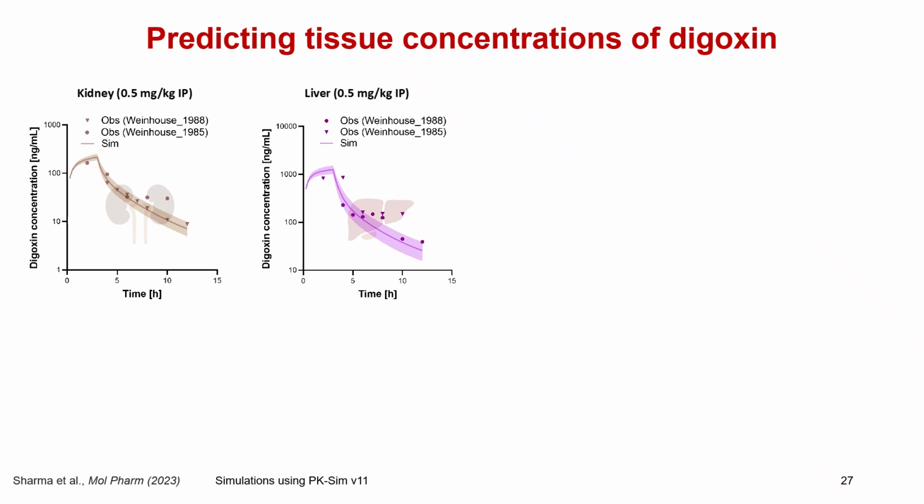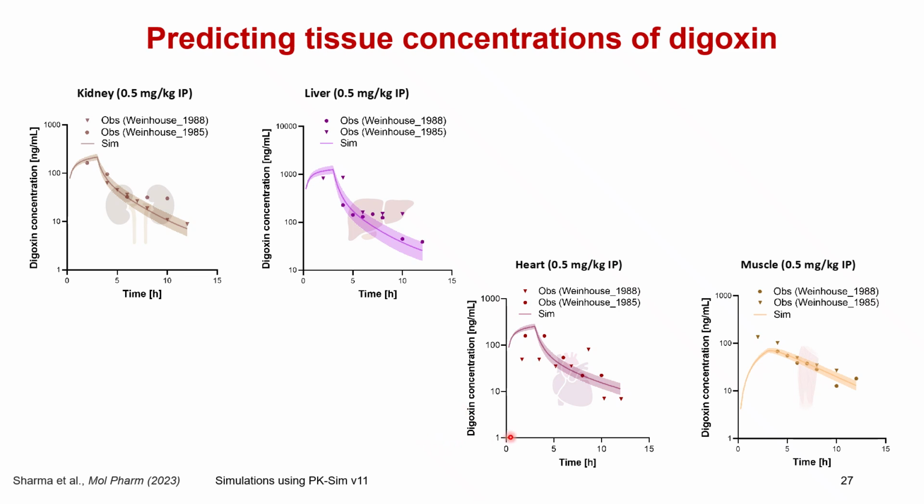In both kidney and liver, the model well recovered the kidney and the liver tissue concentrations, and also in the case of other tissues, for example heart and muscle, the model was able to recover the tissue concentration.